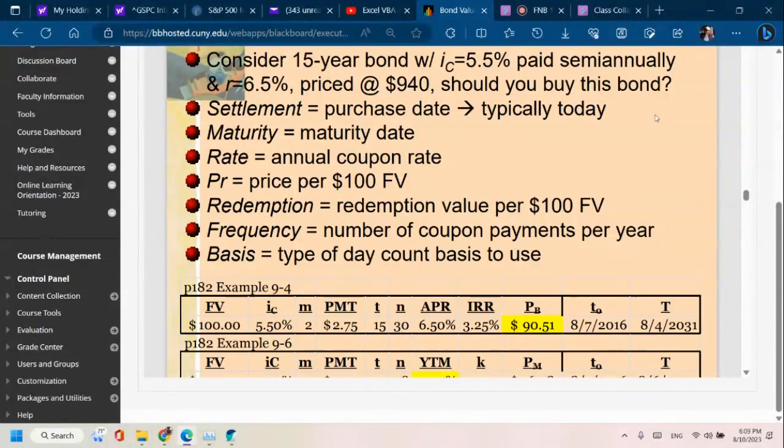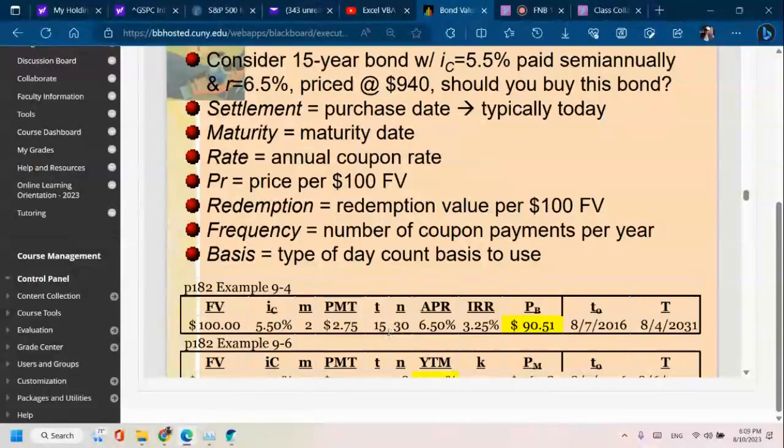So let's see if this is a good buy or not. We did that in the video. The coupon is 100% of $1,000. Coupon rate of 5.5%. Of course, you should know by now that all the bonds are semi-annual, so m is 2.